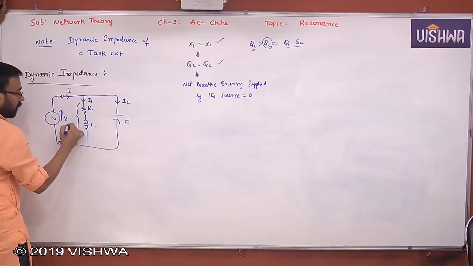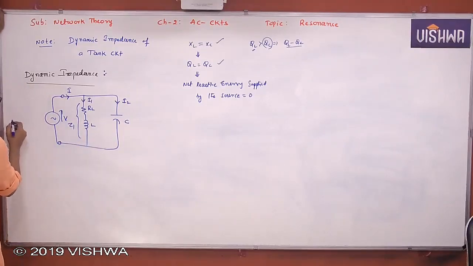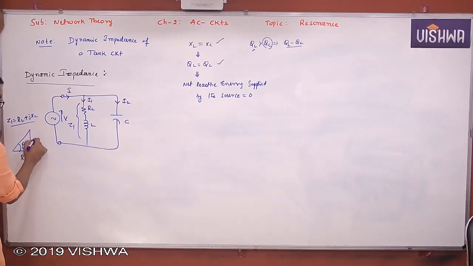Say this is Z1. Z1 is RL plus jXL, at angle theta. This is RL, this is XL, this is Z. Clear, all of you?